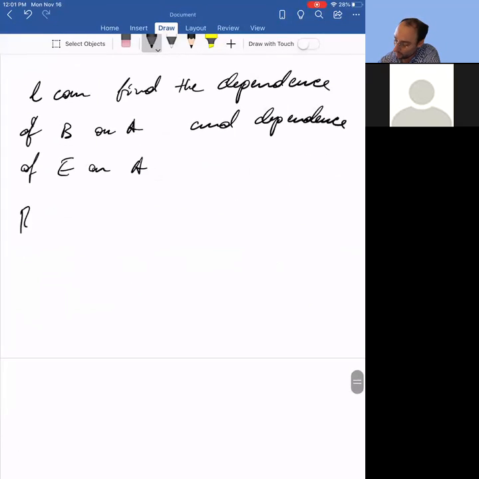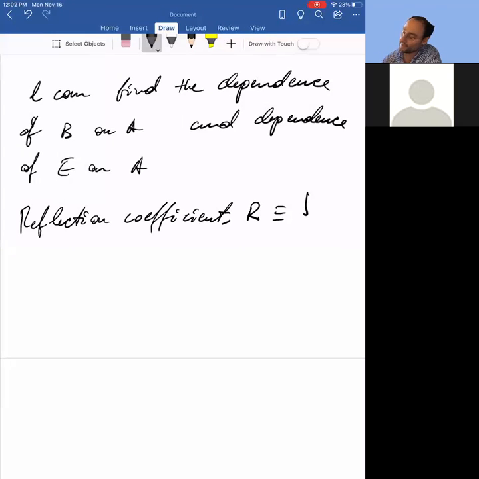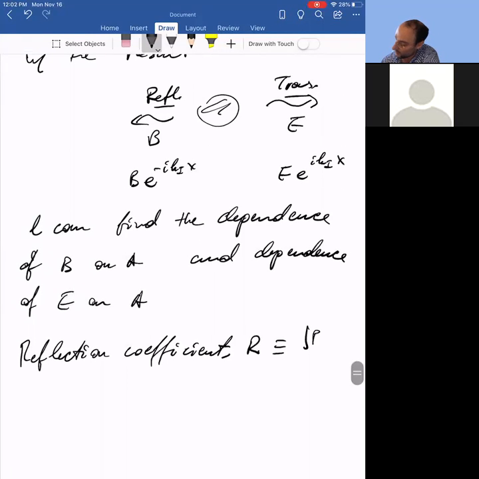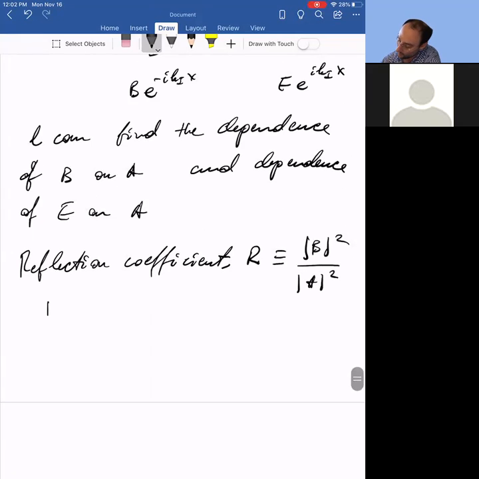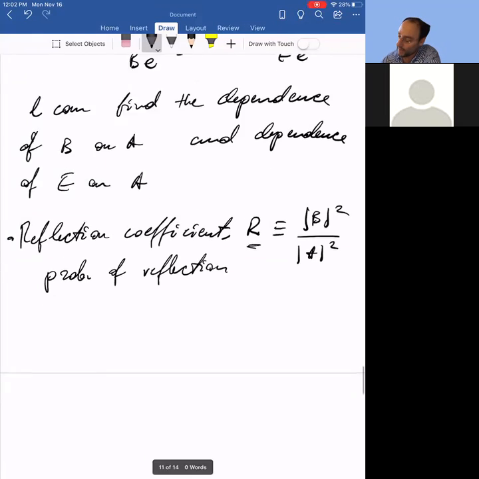So the reflection coefficient R is defined as the square of the amplitude of B divided by the square of the amplitude of A. And this is the probability of reflection. Since I can relate B to A, I can calculate this quantity as well.